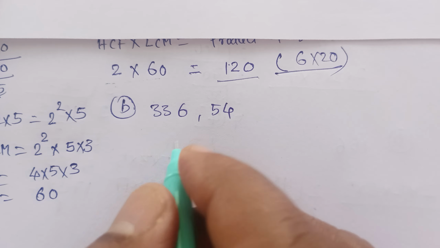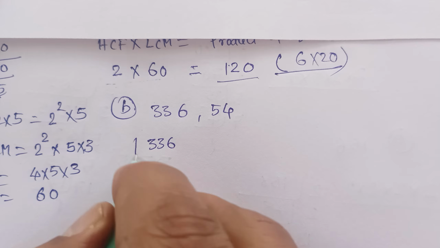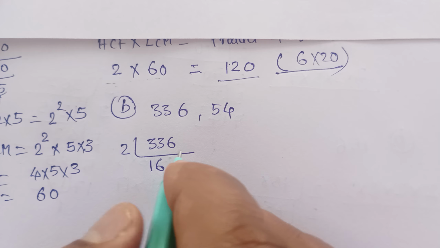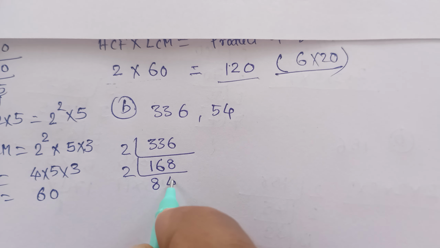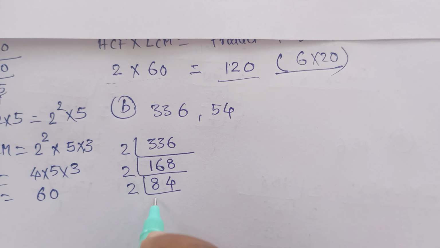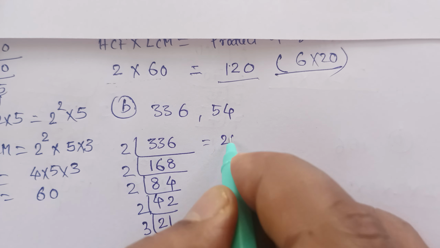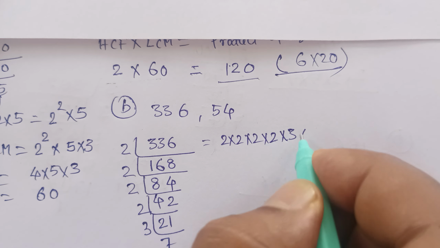How can you do it? 2 1s are 2, 2 6s are 12, and so on: 336 divided by 2 gives 168, then 84, then 42, then 21, and 3 7s are 21. So we can write this as 2 into 2 into 2 into 2 into 3 into 7.